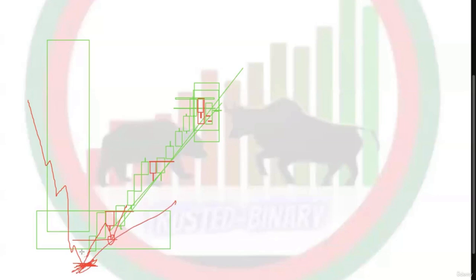Yes, you can take it. I understand your point that this is a support point and a higher low is already created. If the previous market condition was a downtrend market, then you can take a support point here. It's perfect. You can take.